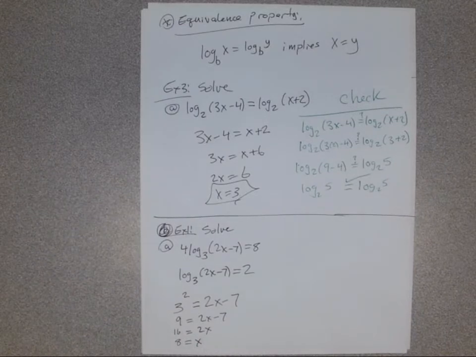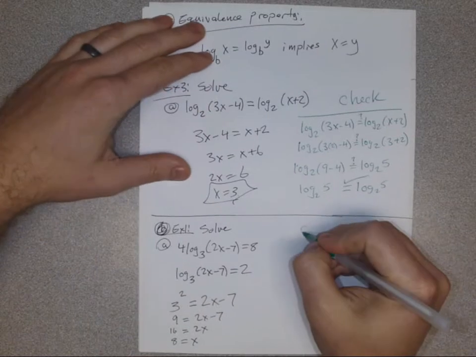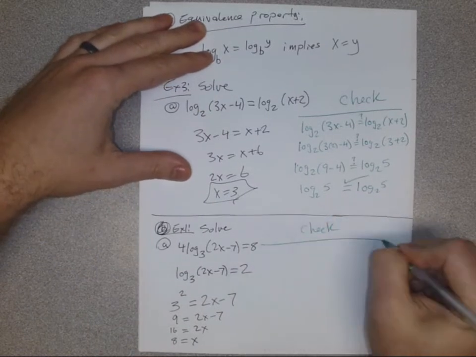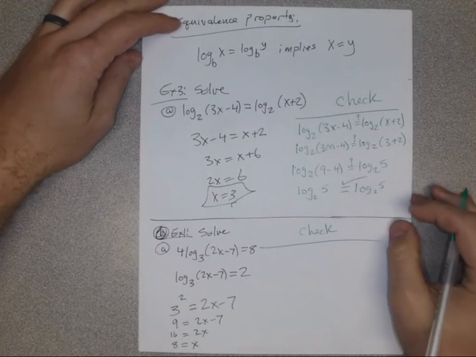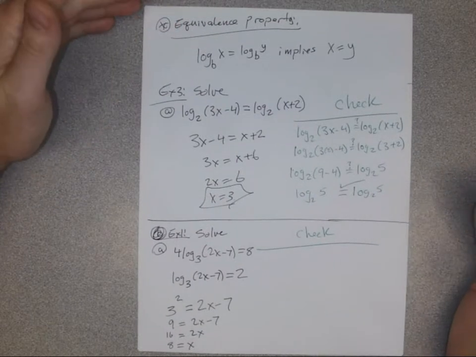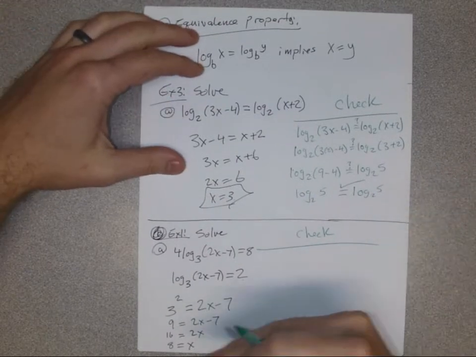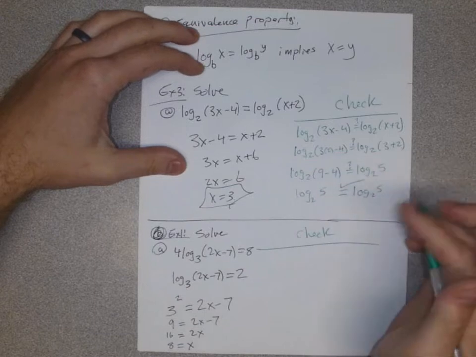And again, you want to check to make sure that this is an answer. So check. And we'll get to examples in a little bit where I can show you what would not be a correct answer.